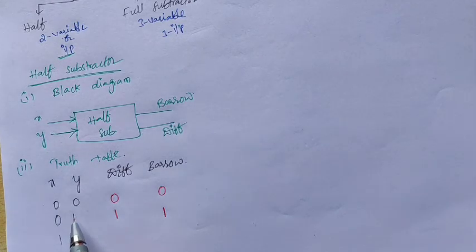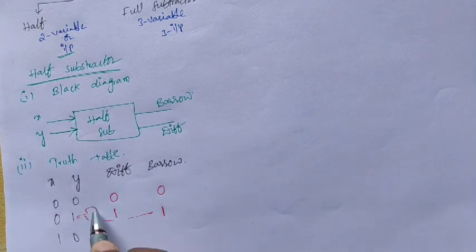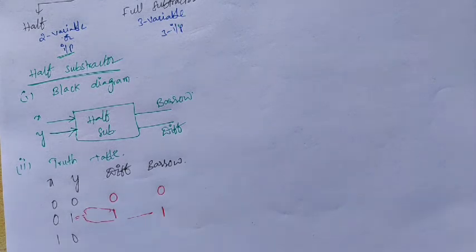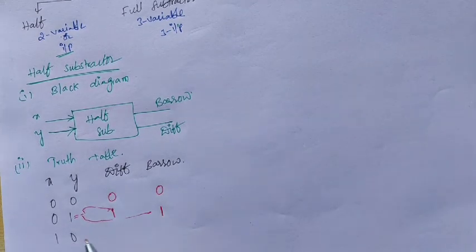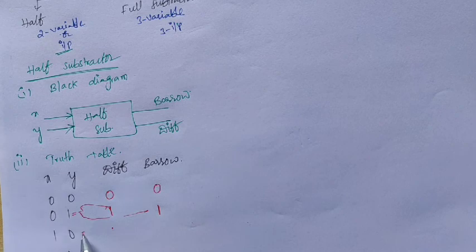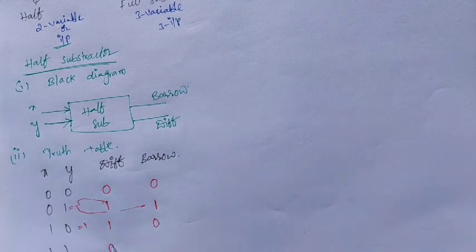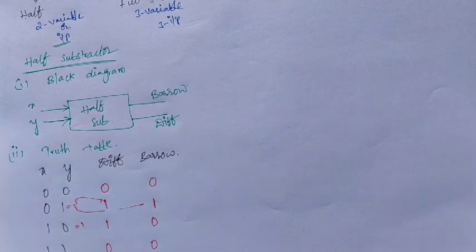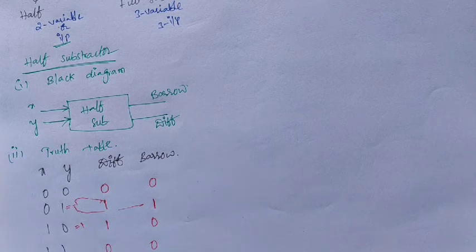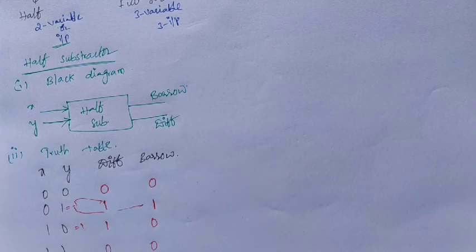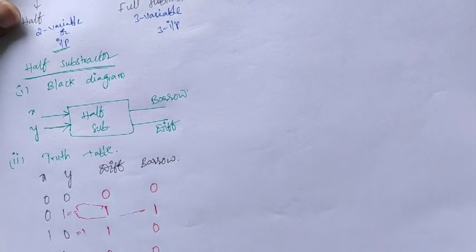Here 0 minus 1 gives minus 1, where the minus indicates borrow and the 1 indicates difference. Next, 1 minus 0 is 1 only, so there is no negative, which means no borrow. Again 1 minus 1 is 0, so the difference is 0 and the borrow is also 0, because there is no negative and no 1.